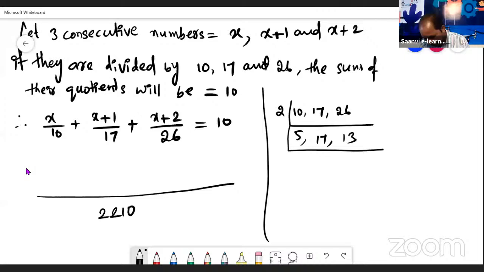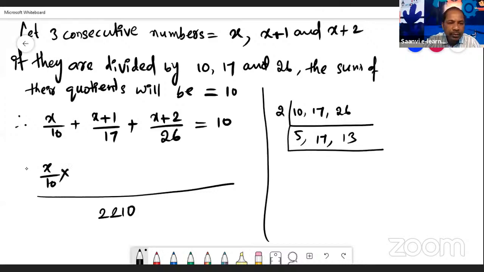Okay, the LCM is 2210. Now take each and every fraction and multiply by the LCM.